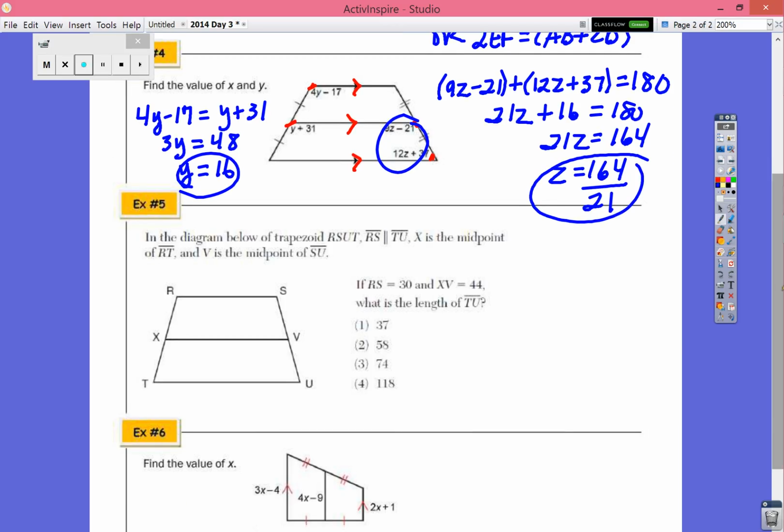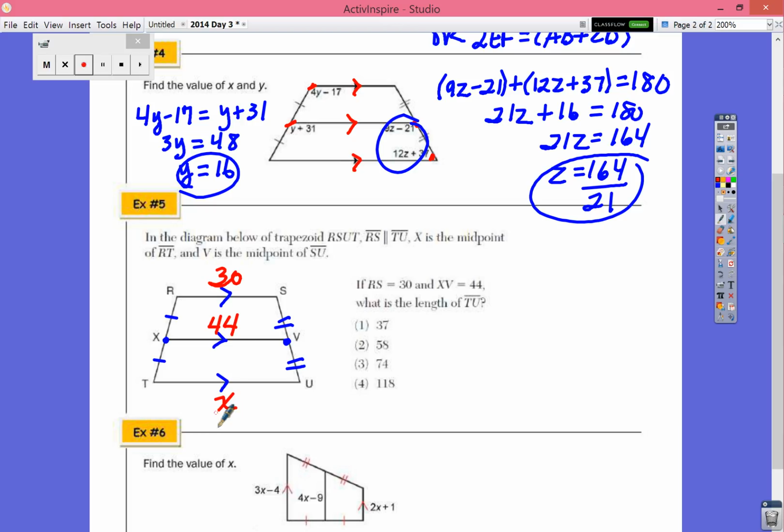Number 5 says, in the diagram below of trapezoid RSUT, RS is parallel to TU, X is a midpoint of RT, and V is the midpoint of SU. So it is a mid-segment. If the length of RS is 30, and the length of XV is 44, what is the length of TU?